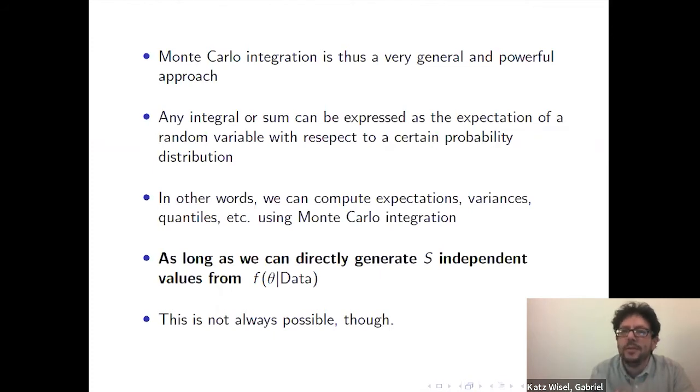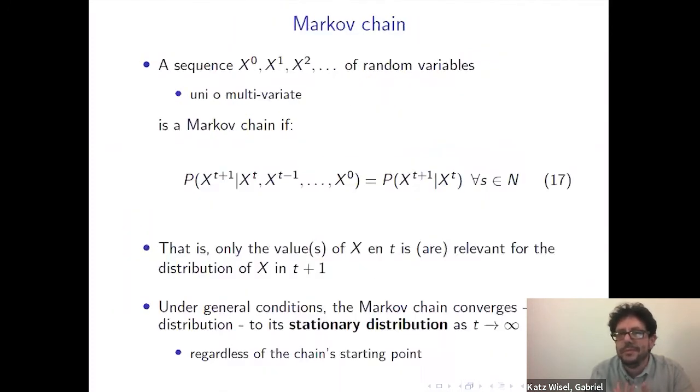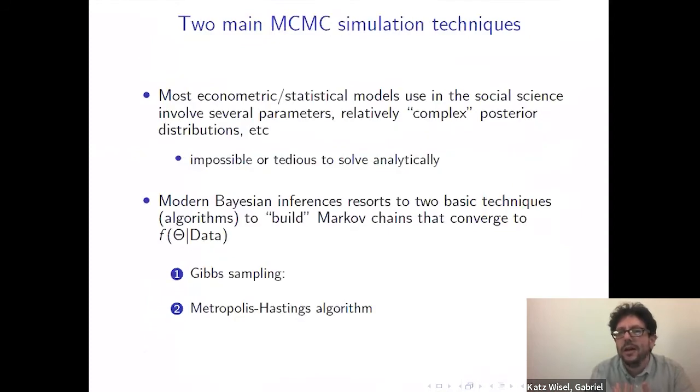In modern Bayesian computation, there are two key algorithms that we use, and they're very different. One is the Gibbs Sampler, and the second one is the Metropolis-Hastings algorithm. We resort to these simulation techniques, in a nutshell, because we have models for which it's difficult or impossible to come up with closed form solutions for the parameters, when there are no known formulas we can use to obtain their posterior mean or median or variance.